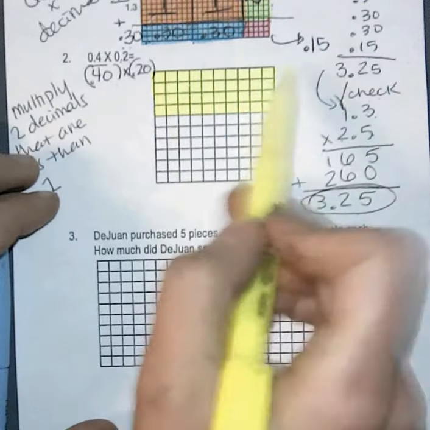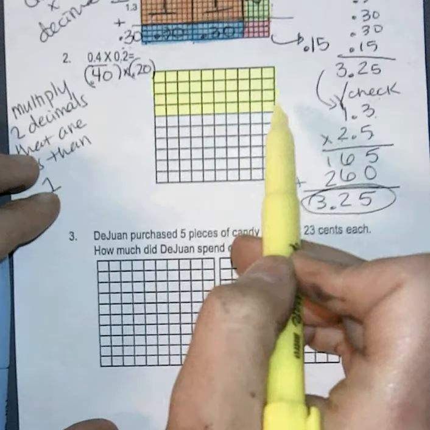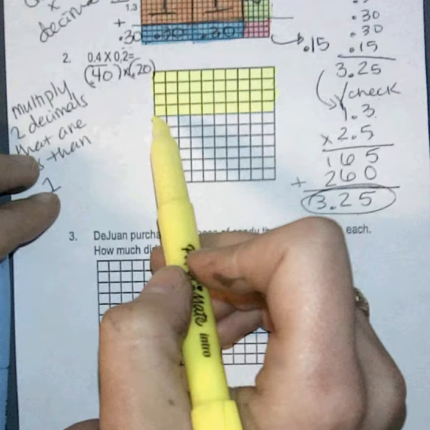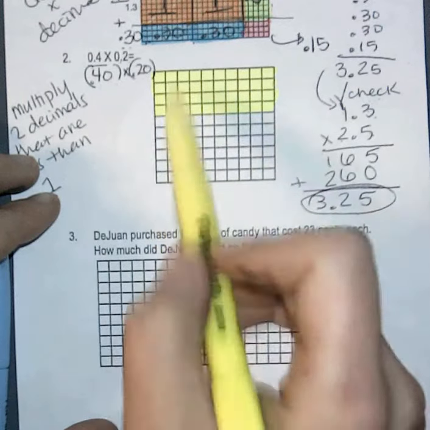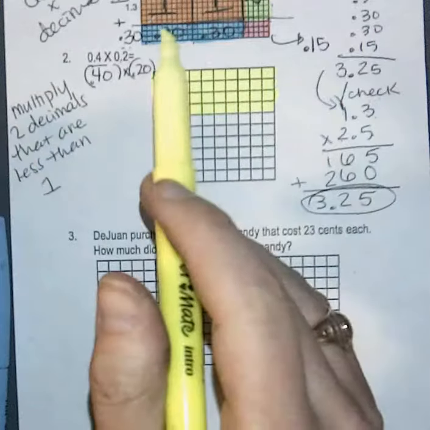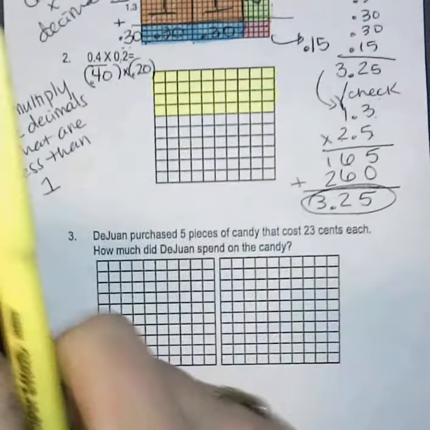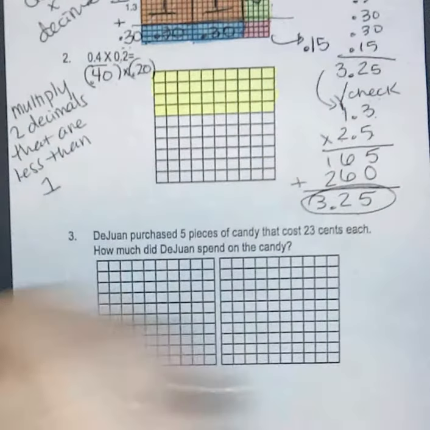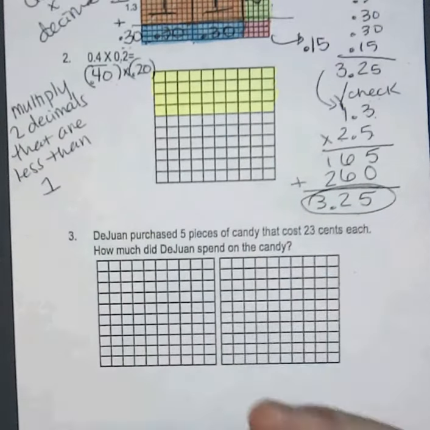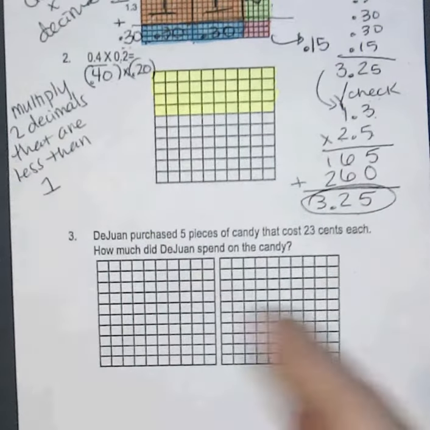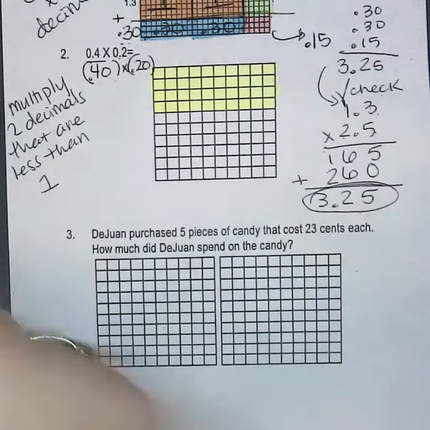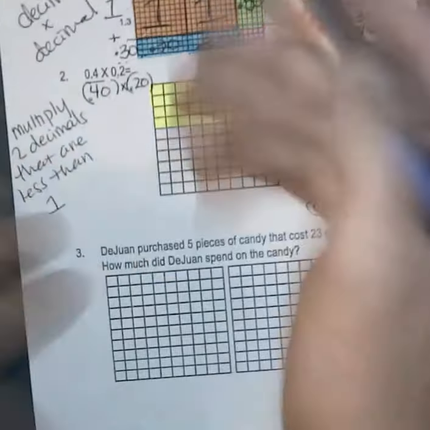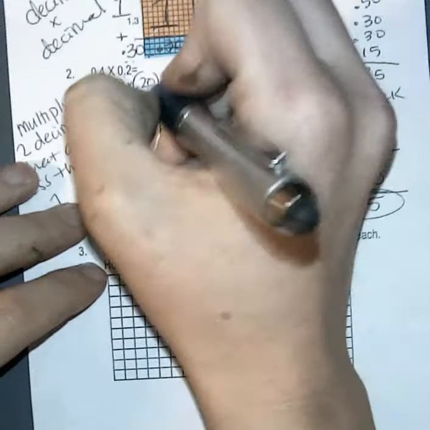That right there is 40 blocks because we're going 10 across and 4 down. It doesn't matter if I go across with 40 this way or downward. Whenever you do this on your own, it doesn't matter which way you do it because 0.40 times 0.20 is the same backwards or forwards. Okay? So we have 1, 2, 3, 4.